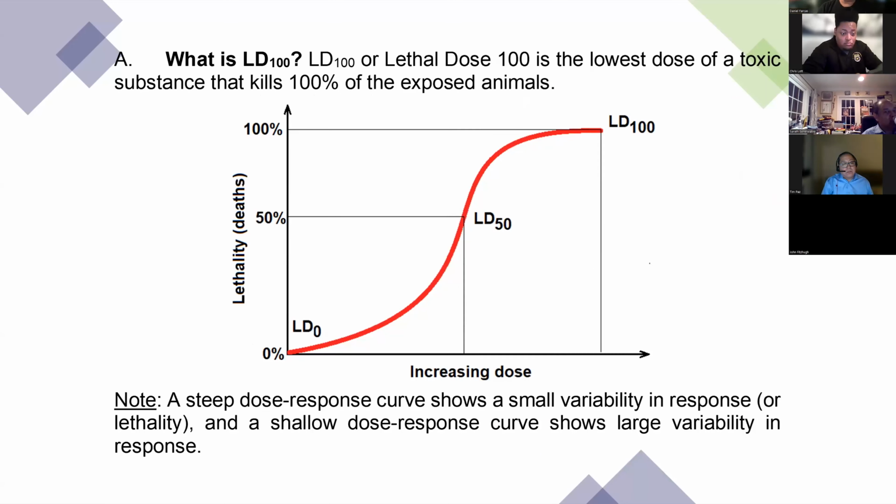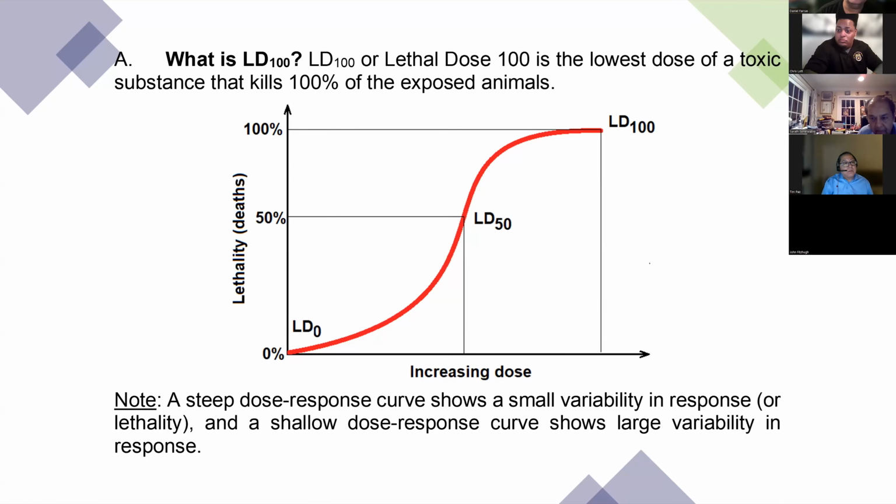Okay, what is lethal dose? You probably know if you have experience with toxicology, and you're gonna have an entire class on toxicology. A lethal dose of 100 kills all the exposed animals. A lethal dose of 0 kills how many? None, exactly.